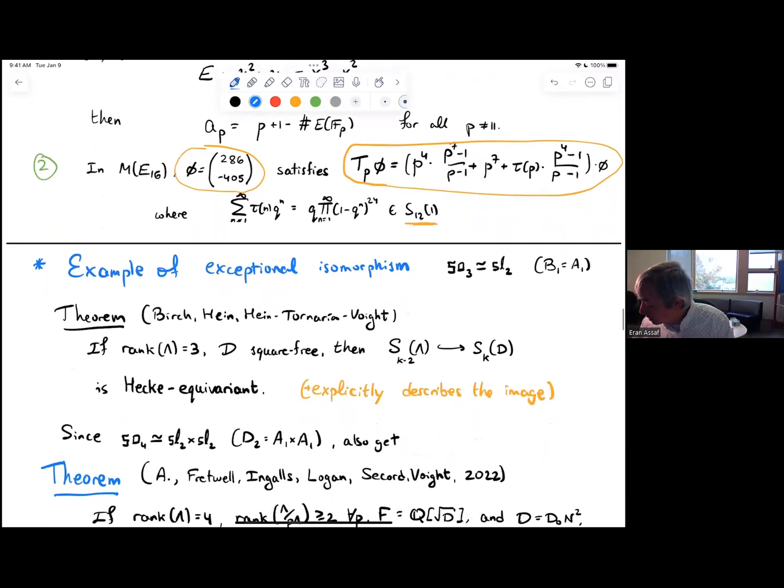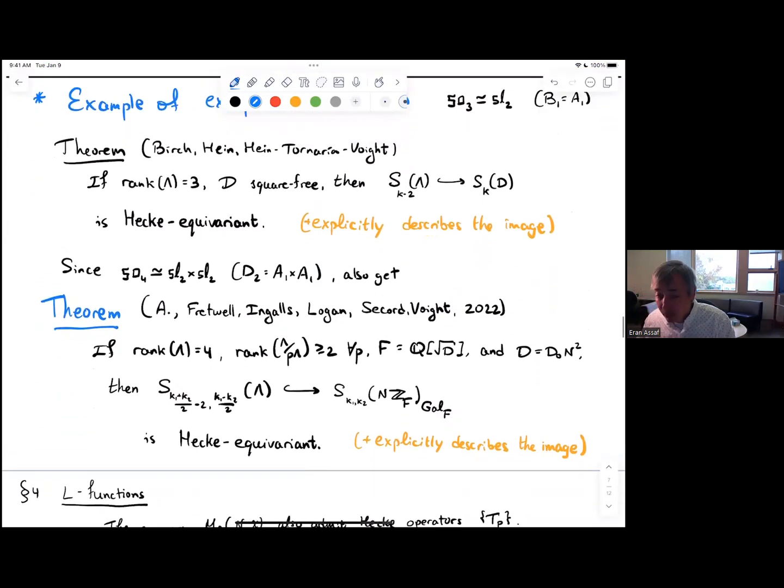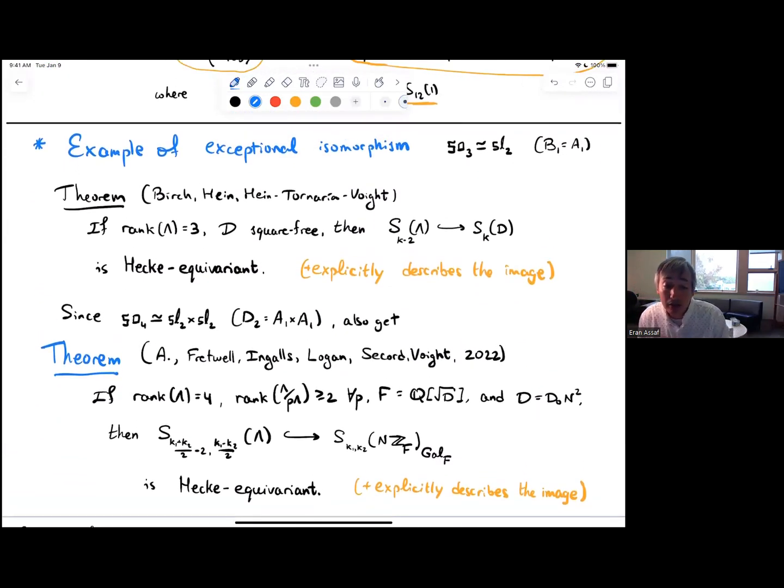And this gives us a theorem in joint work with Fretwell, Ingalls, Logan, Secord, and Voight, that tells us that under some technical hypothesis on our lattice lambda, if we let F be the quadratic étale algebra over Q whose discriminant is the discriminant of the lattice, then we can get a Hecke equivariant injection from the space of orthogonal modular forms for this four-dimensional lattice to a space of what is known as Hilbert modular forms.